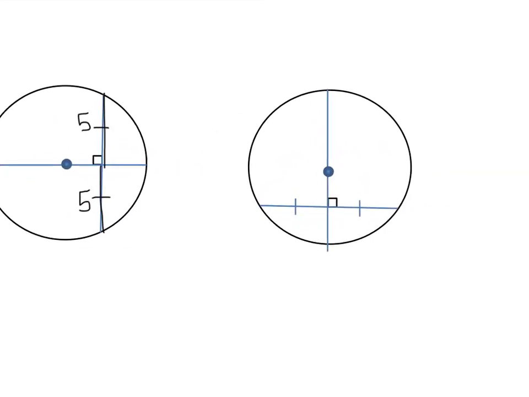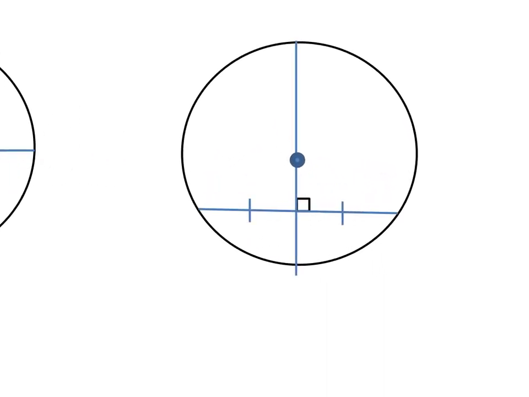Going over to this example, you would know that it's a bisector because these two segments here and here are congruent, so this long segment is bisected. And you also know that it's perpendicular because of the 90-degree angle. Therefore, you know that this segment is a diameter.